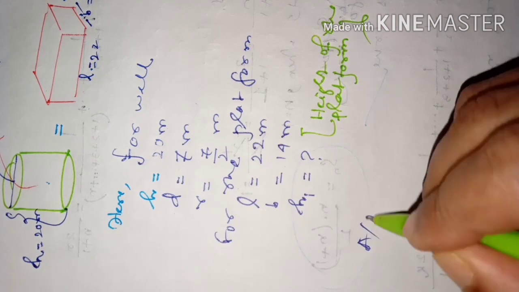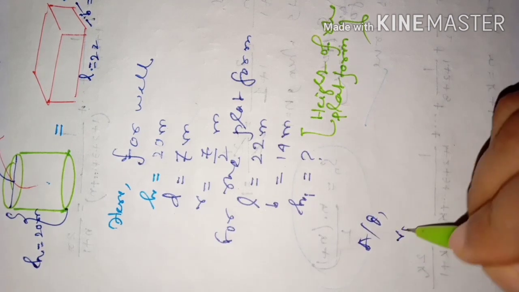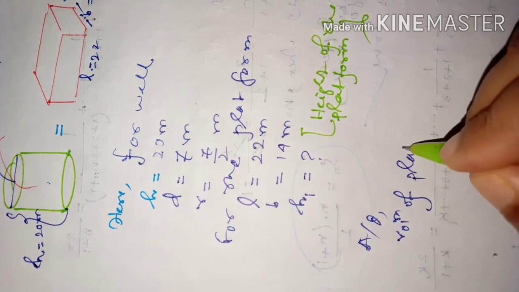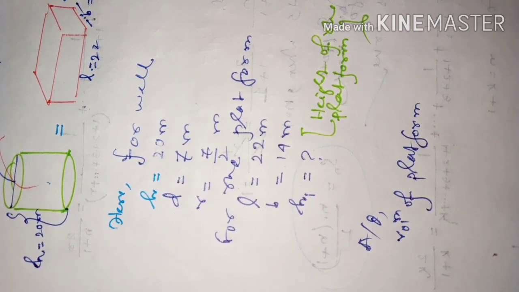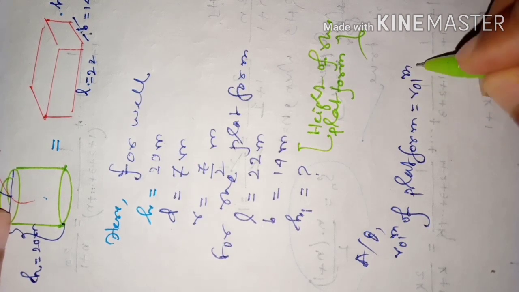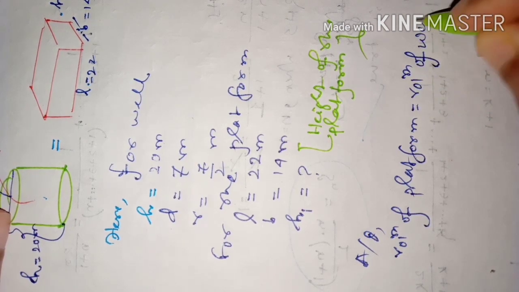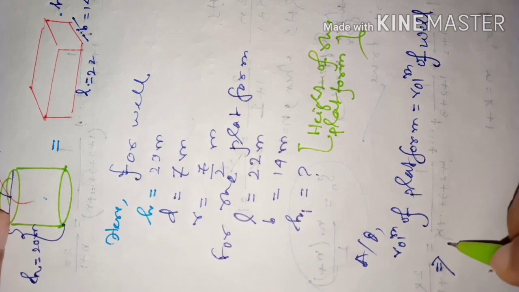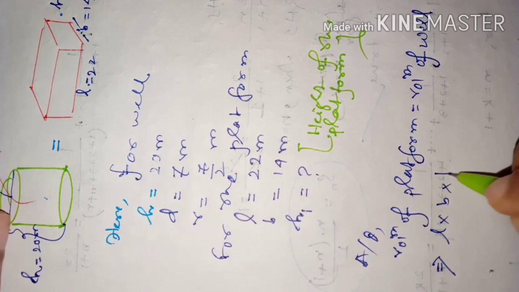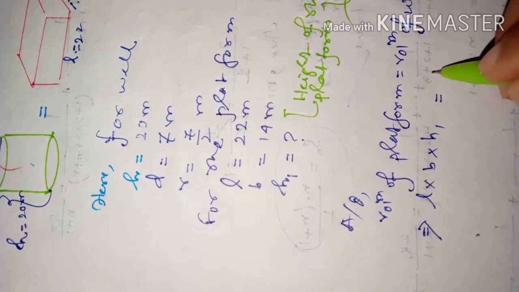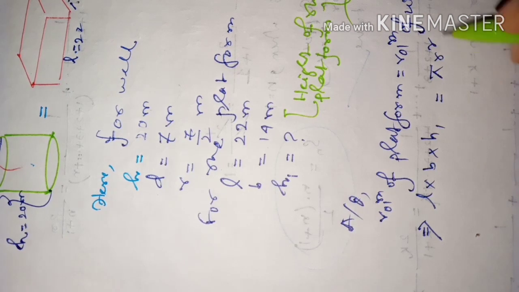According to the question, the volume of the platform is equal to the volume of the well. So the volume of the platform will be length into breadth into height h1, equal to the volume of the well. Volume of the well is what? Pi r square h.